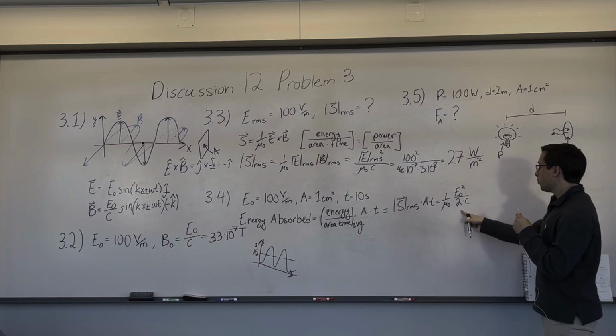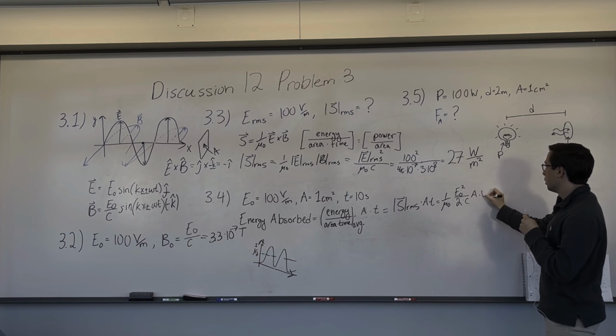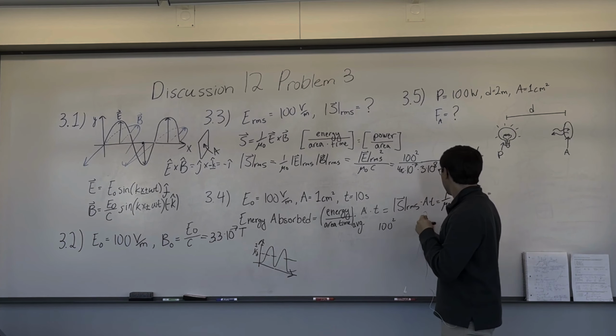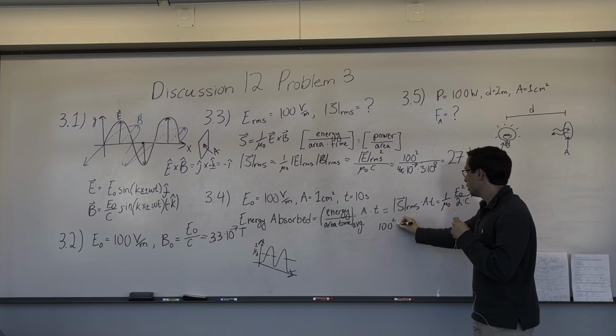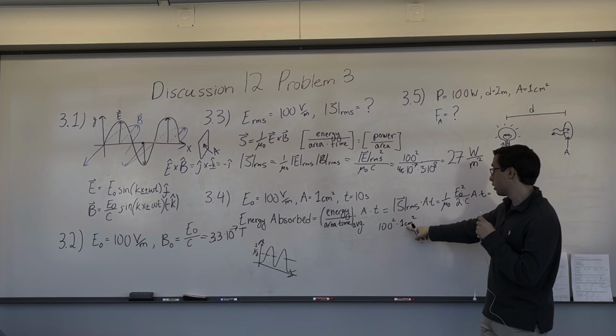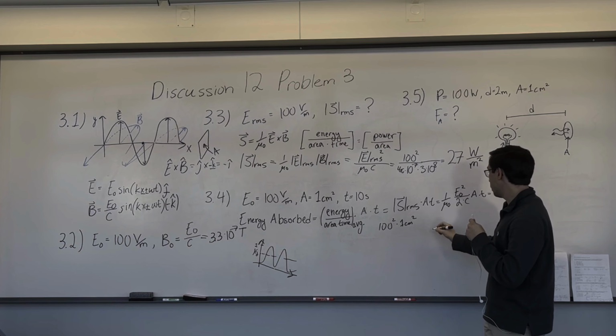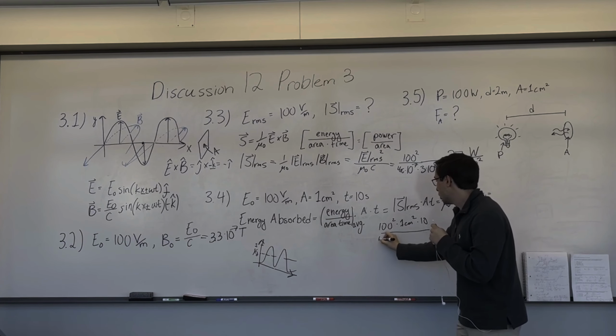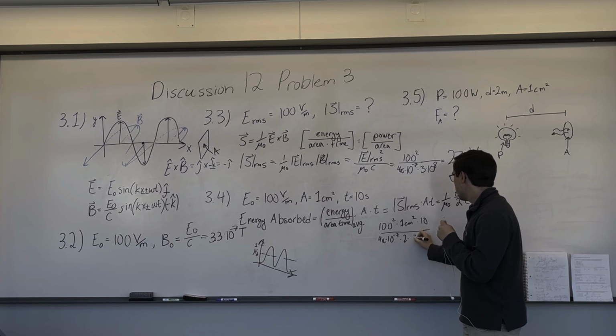Okay, now we can add in the rest of our expression here, and we can plug in some numbers. So we're going to get 100 squared here times 1 centimeter squared. We're going to have to take care of that conversion because we're looking for meters squared, times 10 seconds over our mu naught times 2 times the speed of light.